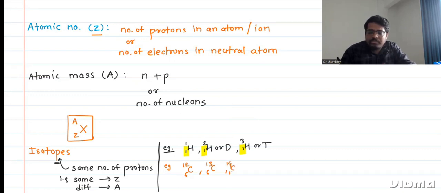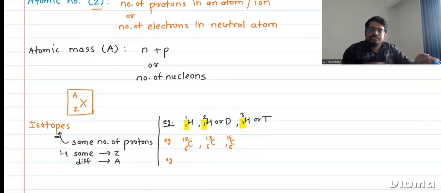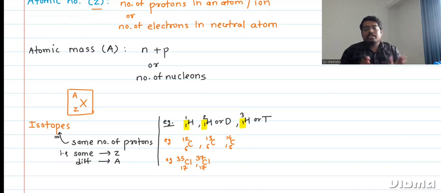The next example is chlorine 35 and chlorine 37. In chlorine 35 and chlorine 37, the atomic number is the same, but the atomic mass number is different.